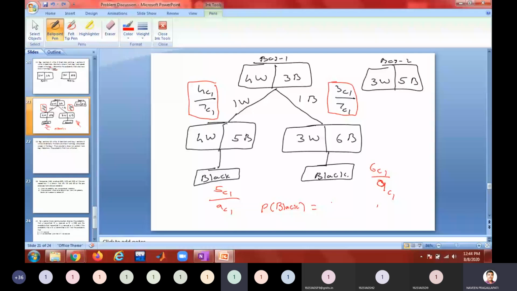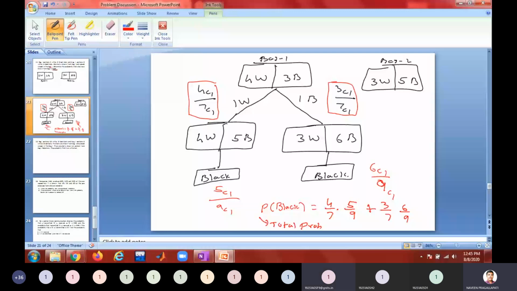Plus, 3 by 7 into 6 by 9. Whatever you have seen just now is called total probability. This is called total probability.